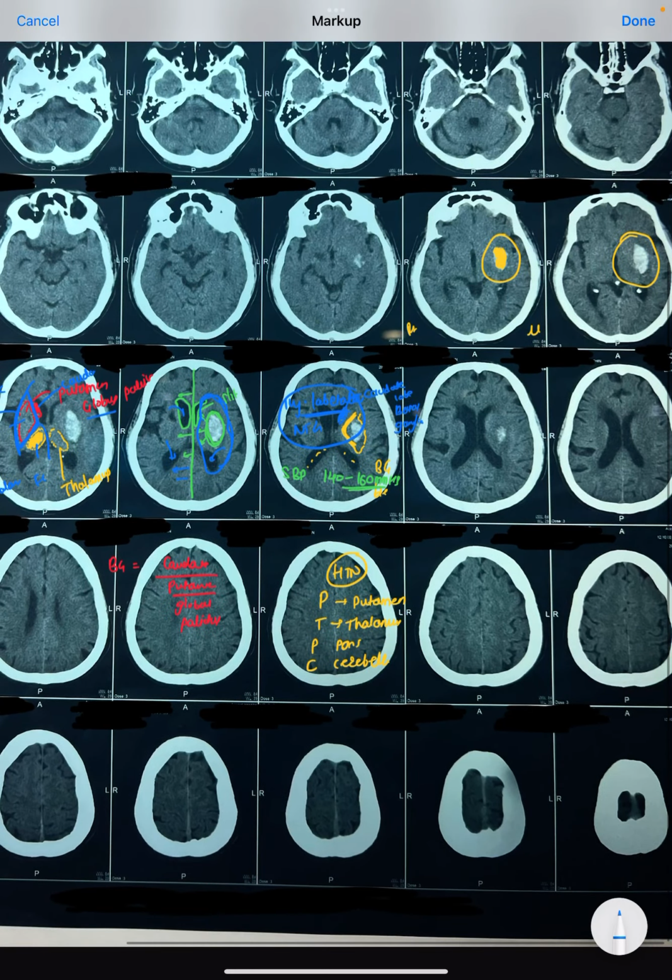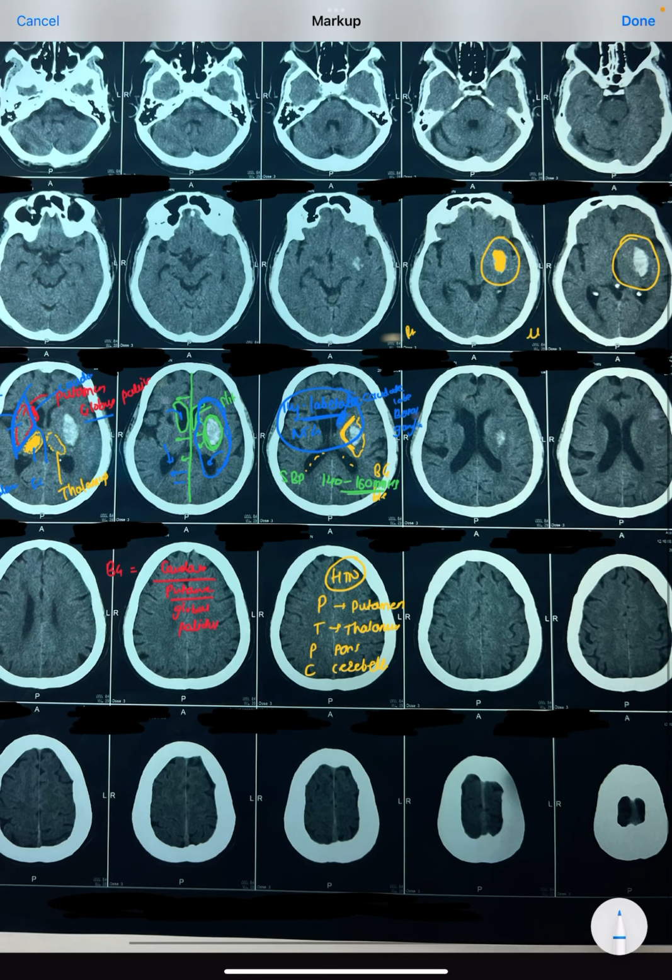But otherwise, a stable intracerebral hemorrhage is not an indication for craniotomy or surgery, and it can be managed medically with strict blood pressure control and antiepileptic drugs to prevent convulsions.